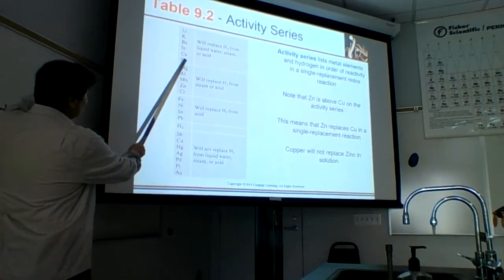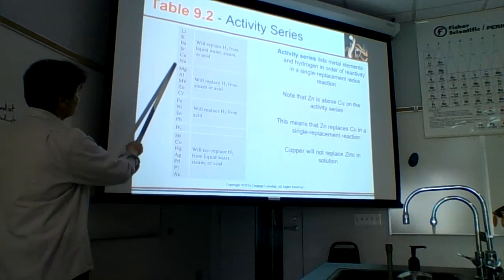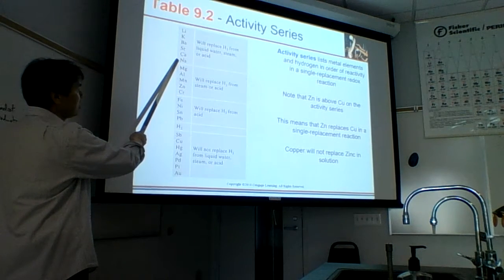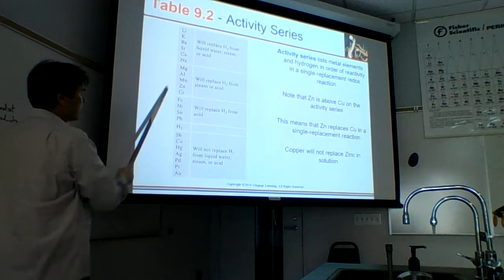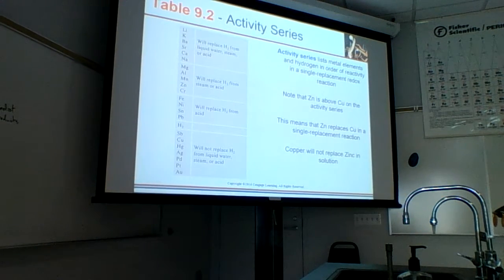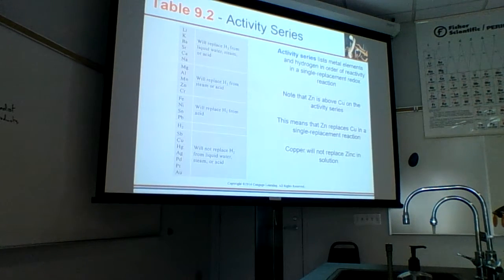Sodium metal versus hydrogen gas. It looks like sodium is a lot more active. In other words, it's a lot less stable. It's much more reactive than hydrogen. And so in this case, this turns out to be more active. This is less active.